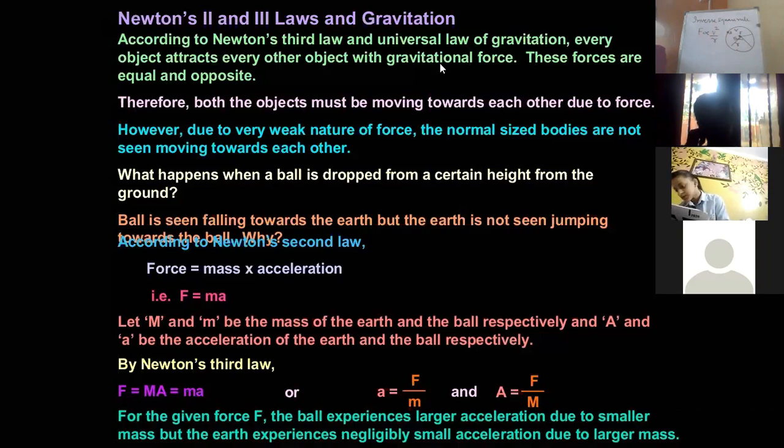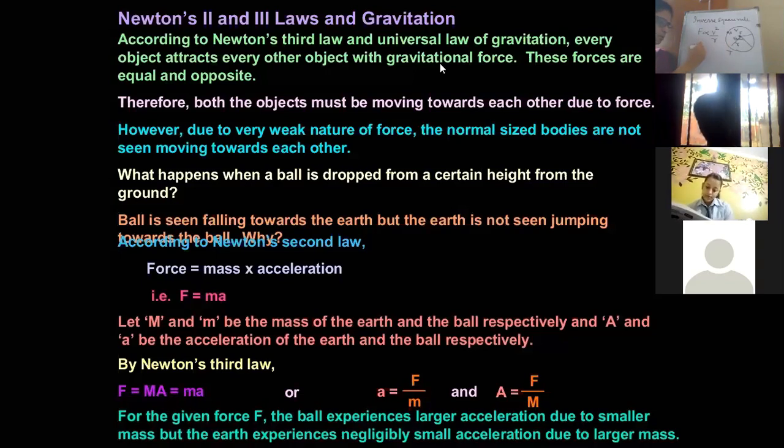Right? Let the time taken by the planet to move around the sun be t. Then how can we calculate the velocity?